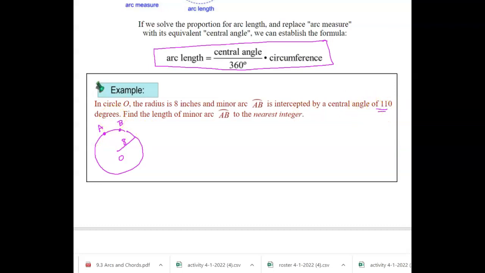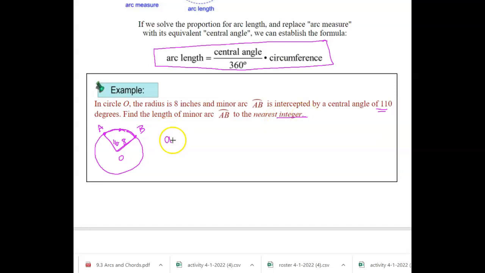Let's make A, and we'll make B right here. We've got the central angle, and then we have arc AB right there. It says that the central angle is 110 degrees. Find the length of the minor arc, because it's less than 180, to the nearest integer. So we do want to round. Integer means kind of a whole number since it's positive.